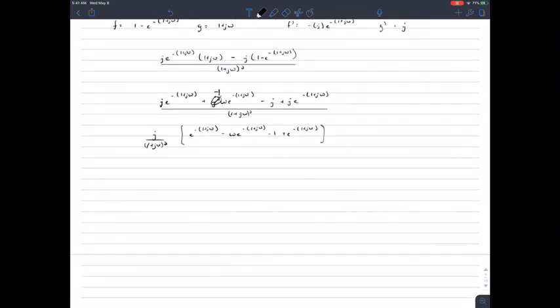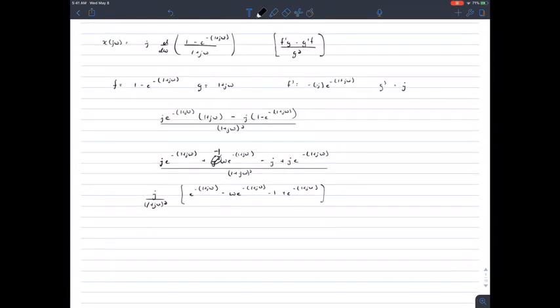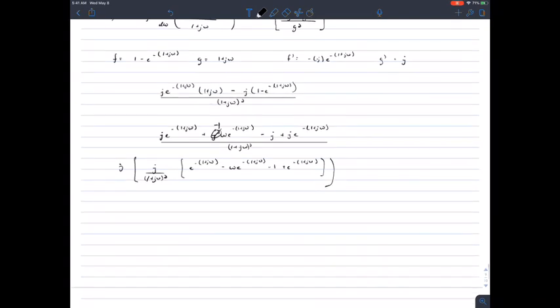And then now we still have a j to multiply the whole thing by. So multiply all of this by j.